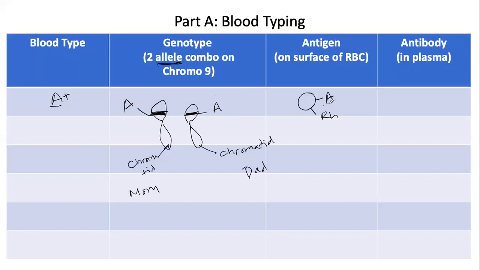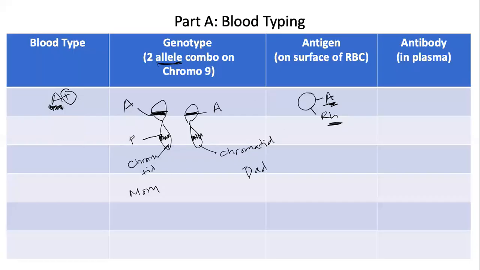If I have A on the surface of my red blood cells, that's going to dictate my blood type. So when I say I'm A positive, that means I have A on the surface of the red blood cells. Where is positive coded for? I think it's coded on chromosome 9 too, but we'll say it's right here. To be positive means I'm Rh positive, so I have the Rh factor on my red blood cells.